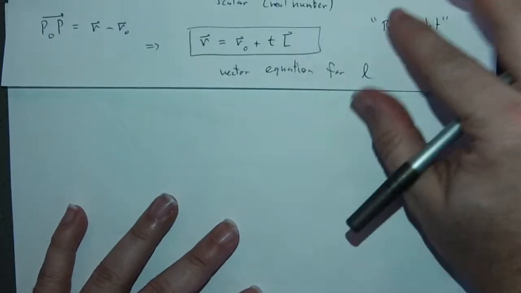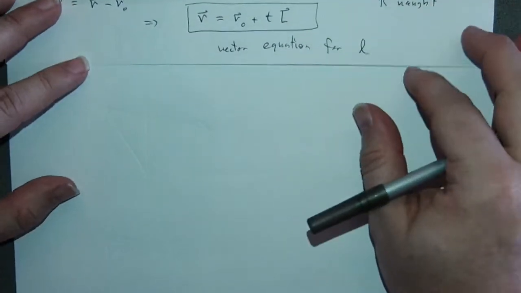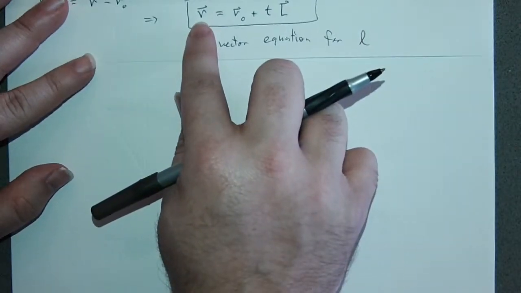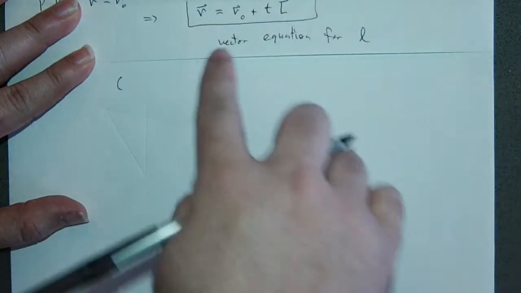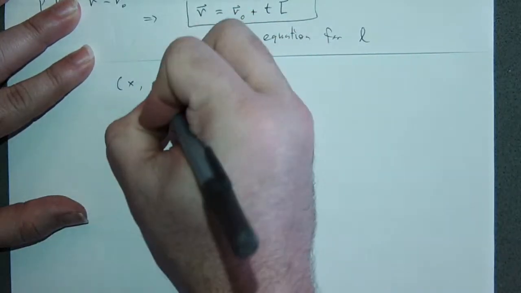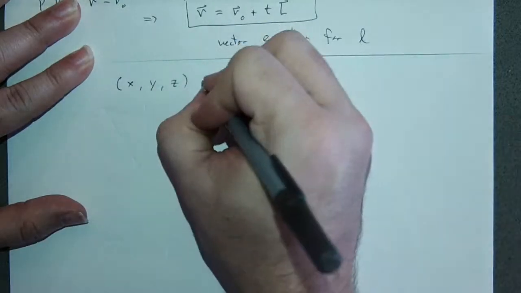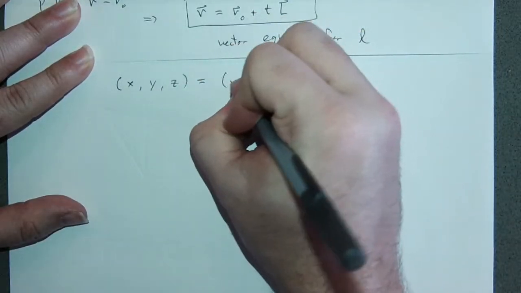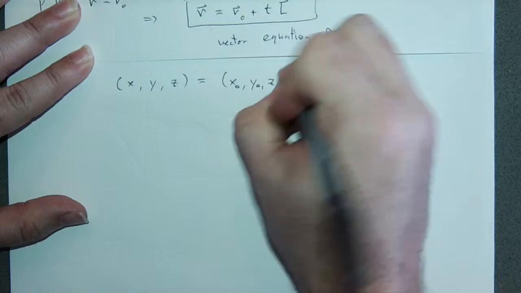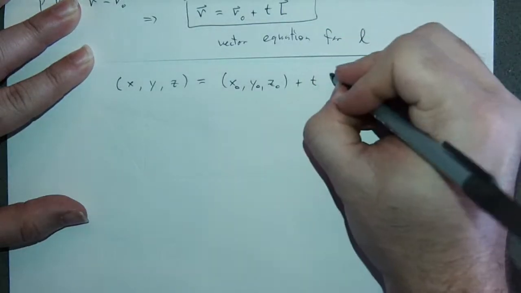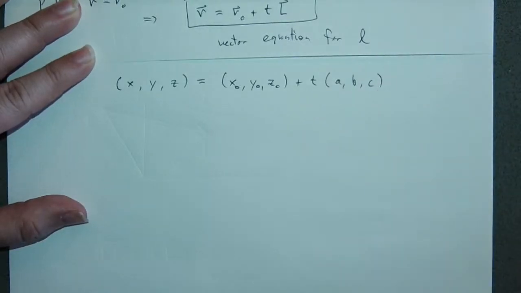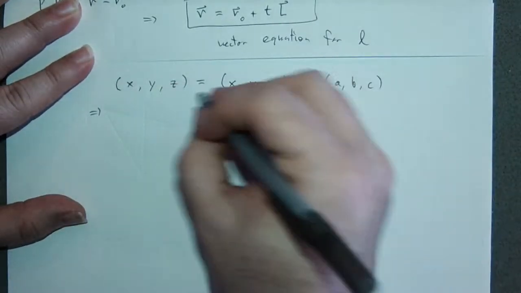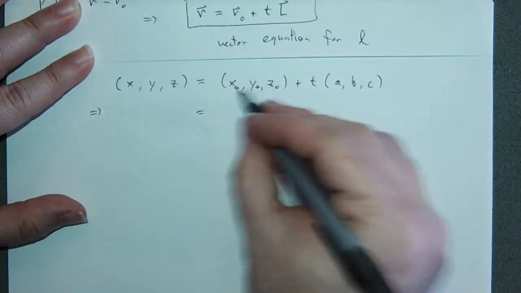I'm going to use the exact same notation and write this in component form, where r is x, y, z, and that is equal to r naught, which was x naught, y naught, z naught, plus t times L, which I labeled A, B, C. On the right-hand side, this is just adding vectors.